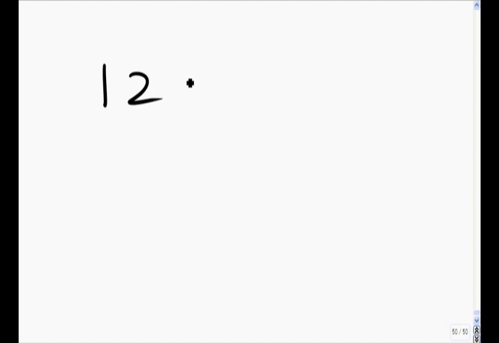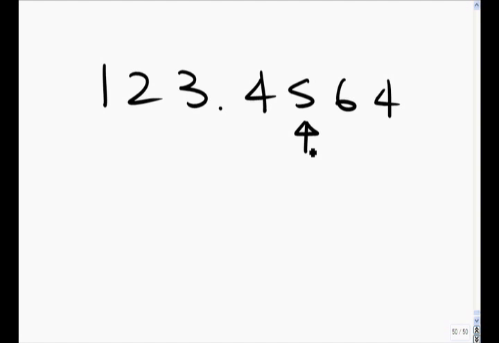Consider the same number, 123.4564. If we want to approximate this number to the nearest hundredths position, we look to the digit to the right of the decimal that's in the hundredths position. The 4 is in the tenths, the 5 is in the hundredths. If we look at the digit to the right of the 5, recall that if it's a 0, 1, 2, 3, or 4, we leave the 5 alone.